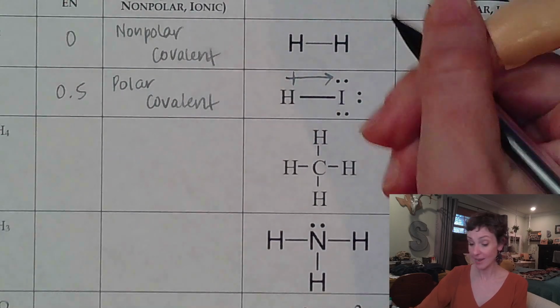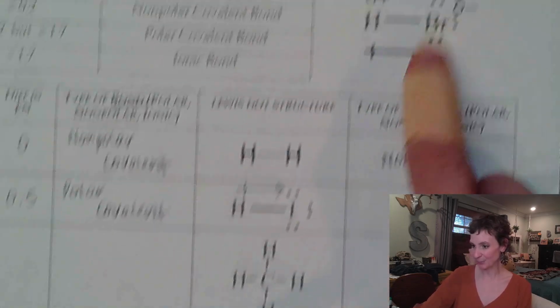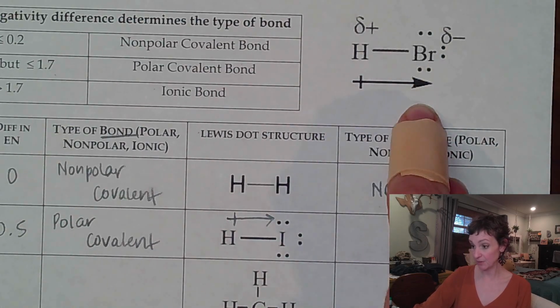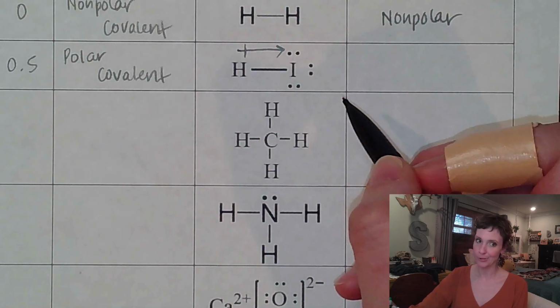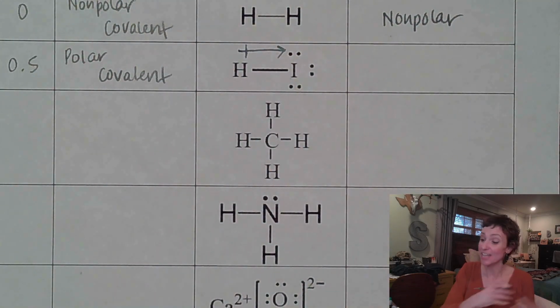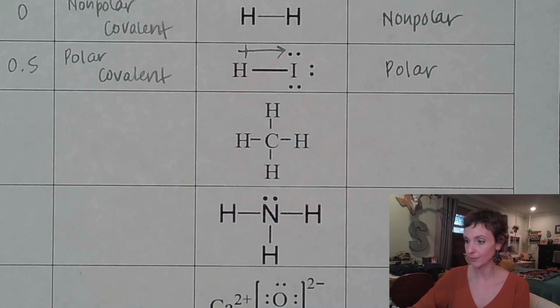As a reminder, and we have a little picture up here to remind you, the direction the arrow is pointing shows the partial negative charge, the more electronegative atom. So if my molecule only has one bond and it itself is polar, congratulations, that molecule is polar.